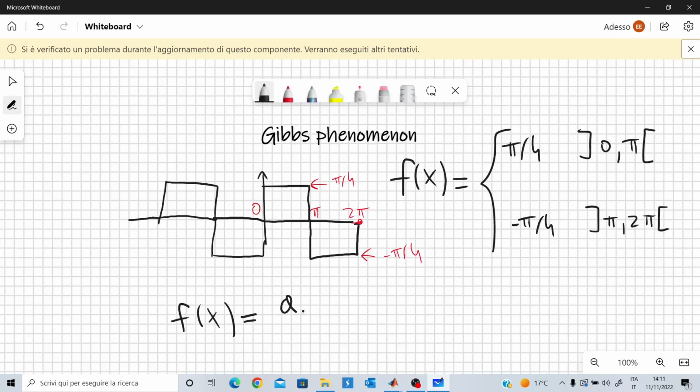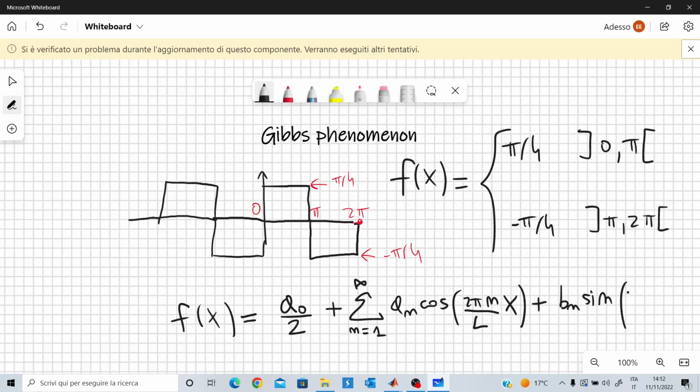The Fourier series can be written as a0 over 2 plus the sum with the index n going from 1 to infinity of a sub n cosine of 2 pi n x divided by the period of the function, that in general is equal to L, but in this case L is equal to 2 pi. So this formula will simplify. Plus b sub n sine of 2 pi n x over L.